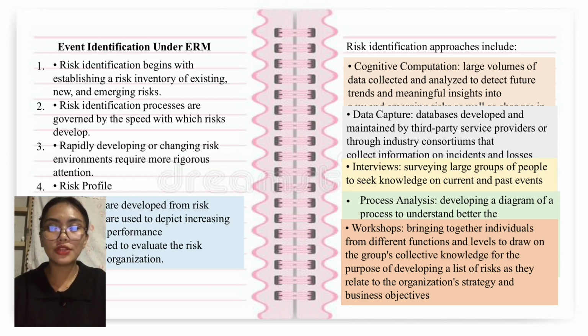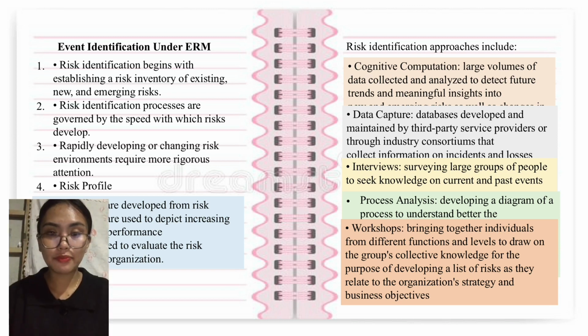Then key indicators: qualitative or quantitative measures that assist in identifying changes to existing risks. So indicators help identify changes in current hazards. Process analysis is a process to better understand the interrelationships of risks and assess them against important business goals.